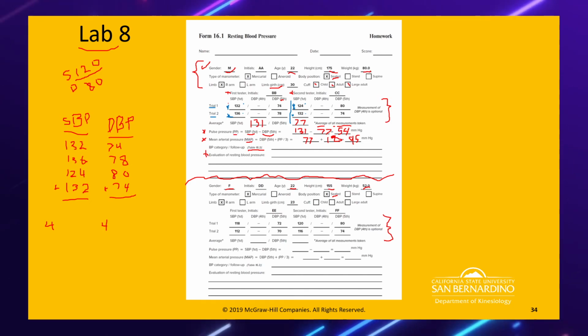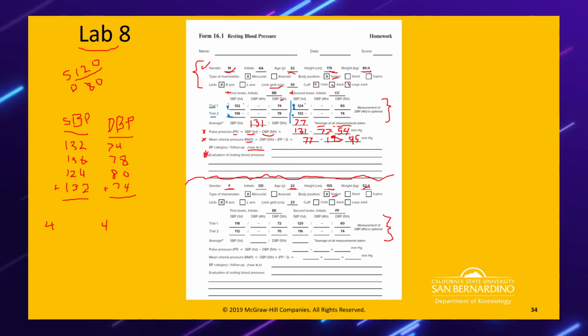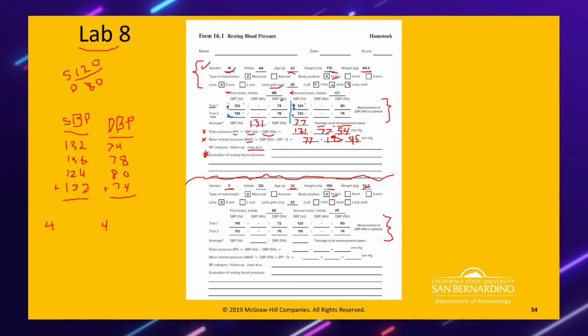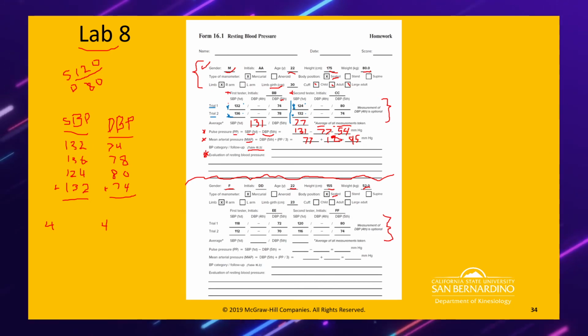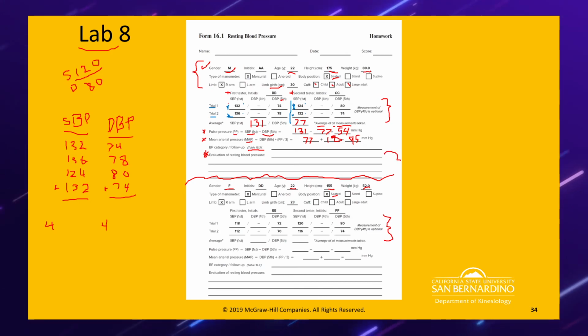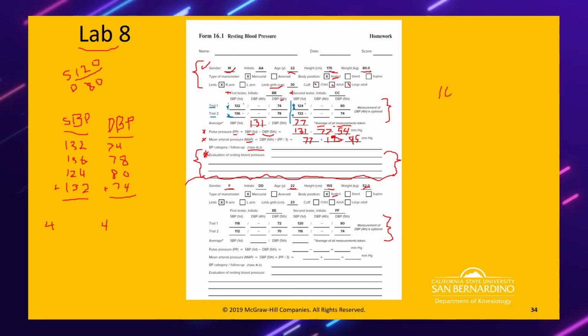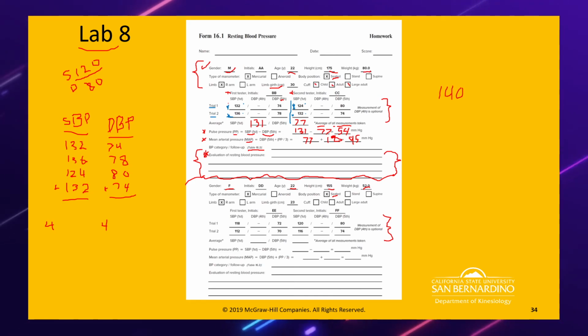Please, guys, I'm pretty much begging you at this point. Students are still not filling out the evaluation. Knowing how to do this stuff is important, but at the end of the day, giving good, sound recommendations to people has to be based off this information. So practice knowing if someone has a blood pressure of, say, 140/80, what does that fall under?